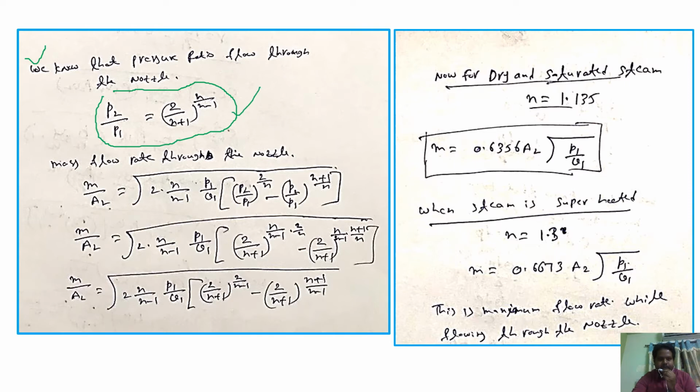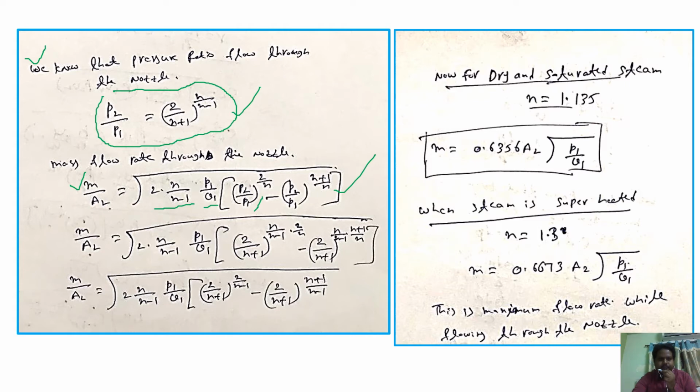This equation we already derived, and we also derived the equation for flow rate: M by A2 equals square root of 2n by n minus 1 into P1 by V1, where V1 is the specific volume, into [(P2 by P1) whole power 2 by n minus (P2 by P1) whole power n plus 1 by n]. This equation we already derived in the previous class.